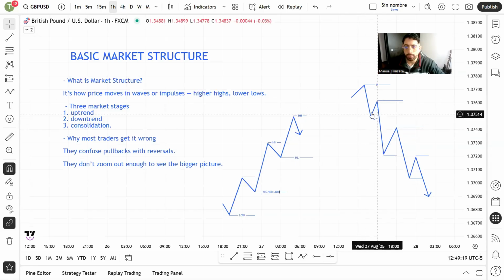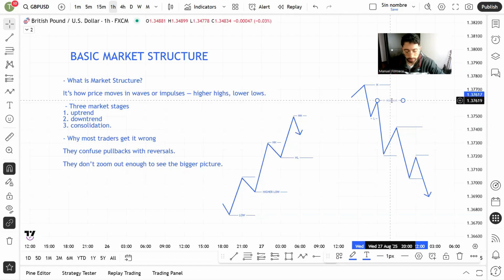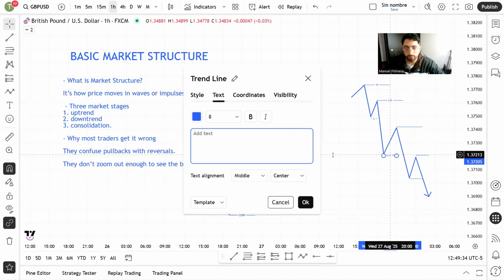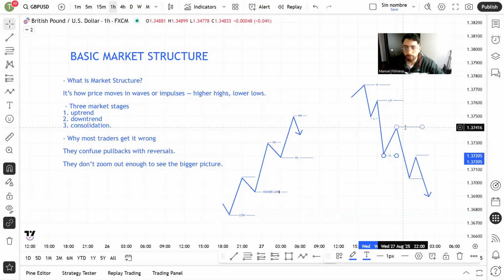Perfect. And now the next high is not higher than the previous one, so it's a lower high, right? And the next low is, of course, a lower low.